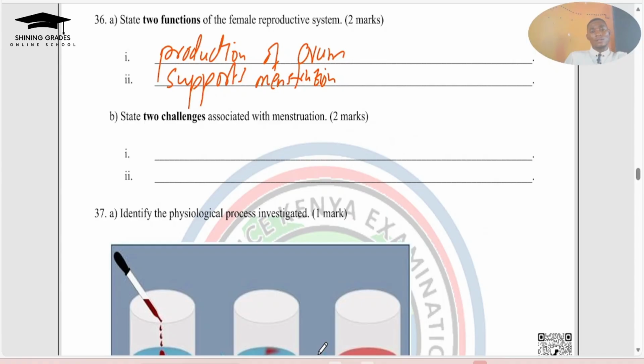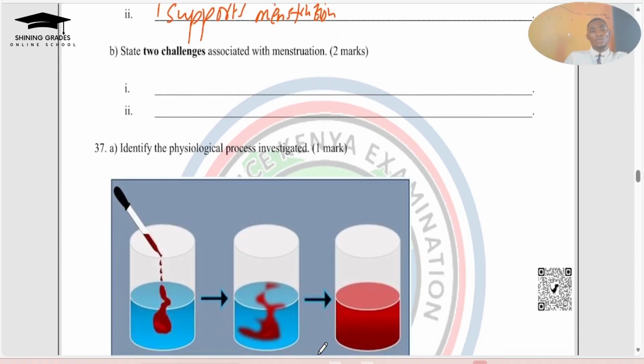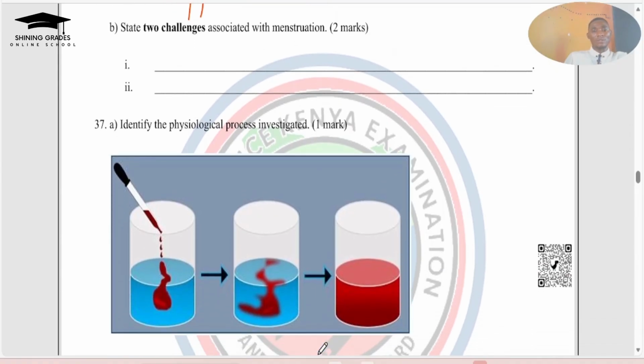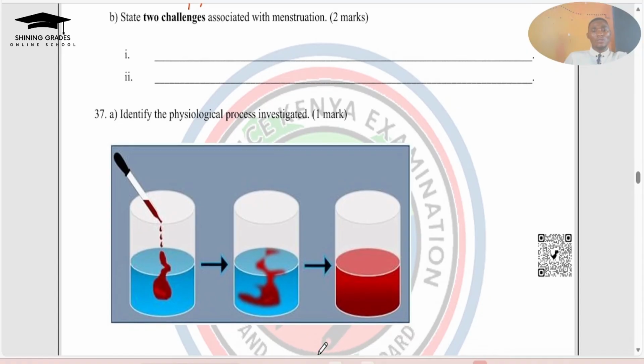Next, state two challenges associated with menstruation. We have menstrual pain, or what we call the cramps.